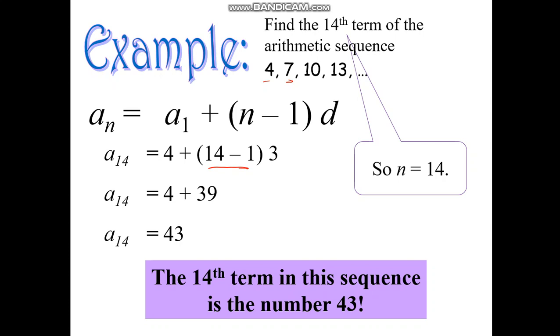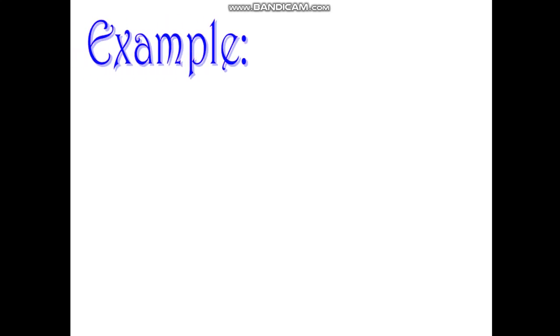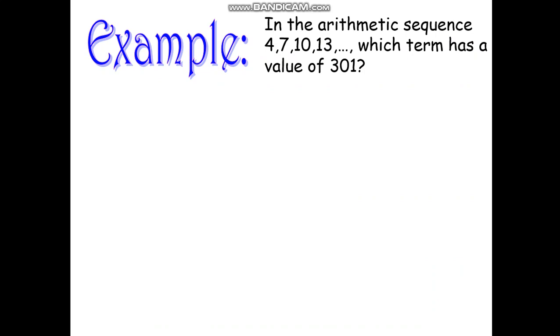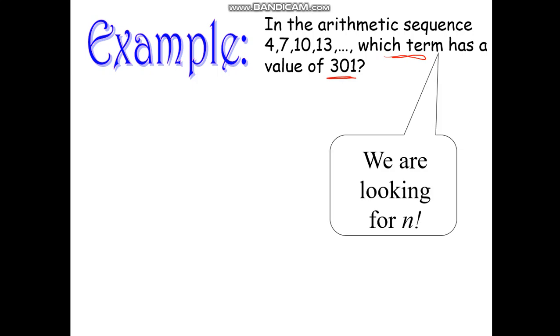Let's do another example. What if I know somewhere in this sequence, somewhere in this list, is the number 301, but I want to know where it is in the list? Which term has a value of 301? So now we're looking for n.